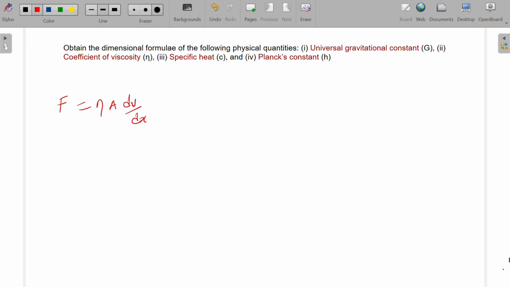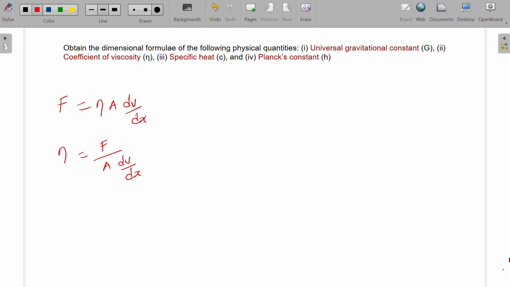If we make the coefficient of viscosity the subject here, the coefficient of viscosity will be equal to the force divided by area, that is multiplying by dV/dx, like that. So this will be the formula that we are going to have for the coefficient of viscosity. Now, the next step is just to find the dimensions for each of these physical quantities that we have here.